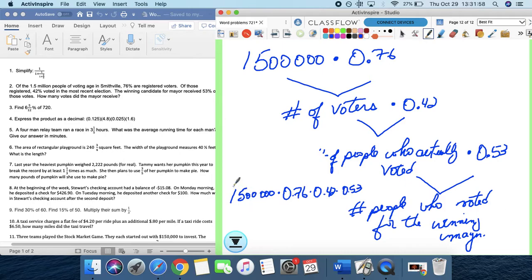Because you can write this as one long expression right here. And that would give you the answer, whatever that answer is, okay? Which means it's not as important that you could have done this as that you understand it.